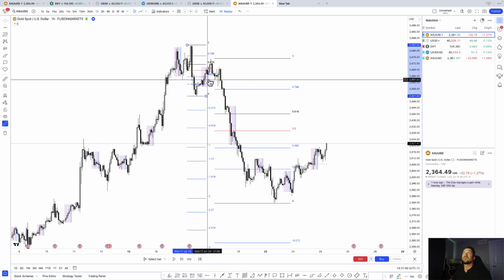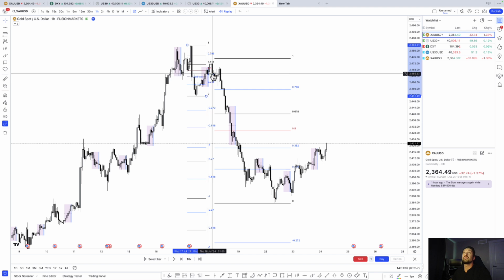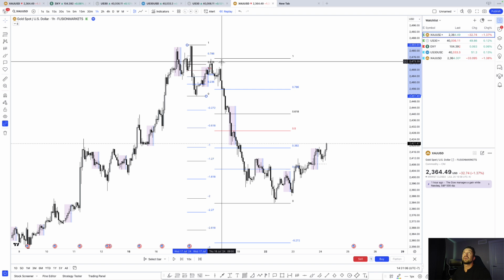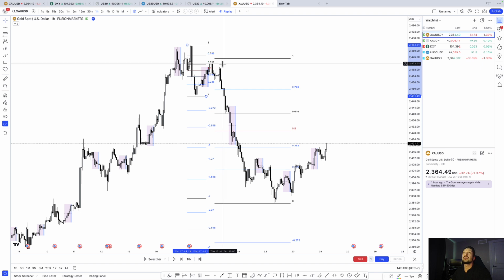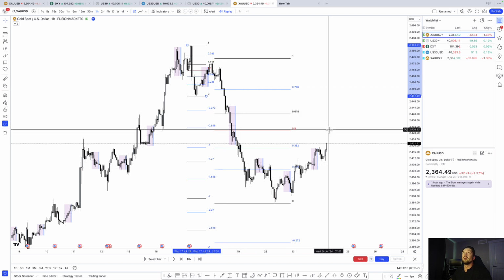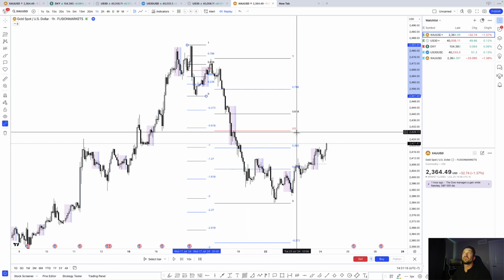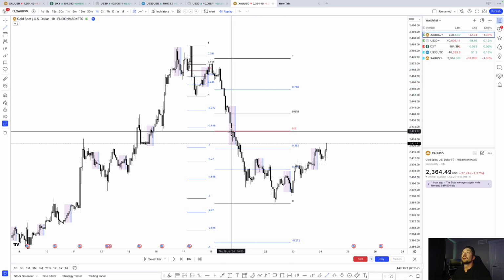It hits the 236 or the 382, maybe sometimes a little higher, but it rarely touches the 50. This reaction came from the 618. So with this theory alone, it told me there's a good chance that gold could come to 50% or higher for liquidity. So for me, the first liquidity point is here.